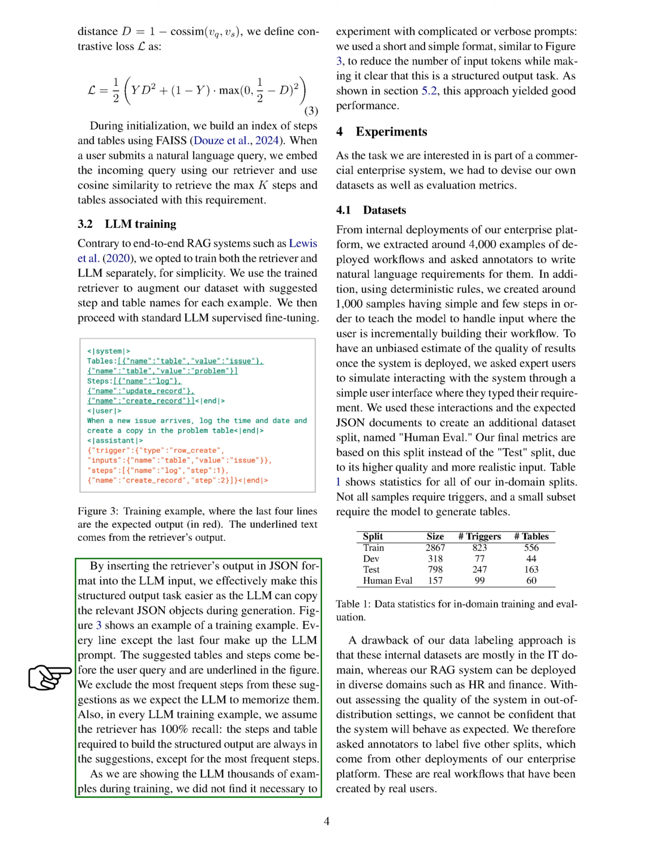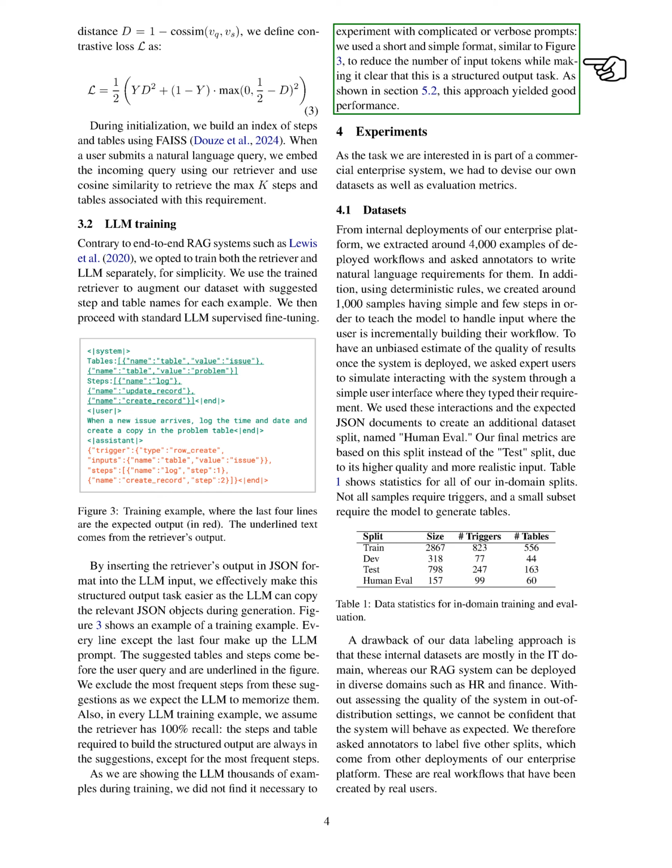In each LLM training example, we assume the retriever has 100% recall, except for the most frequent steps. We present the LLM with numerous examples during training, using a concise format to reduce input tokens and clarify the structured output task. This approach has shown good performance, as discussed in a previous section.